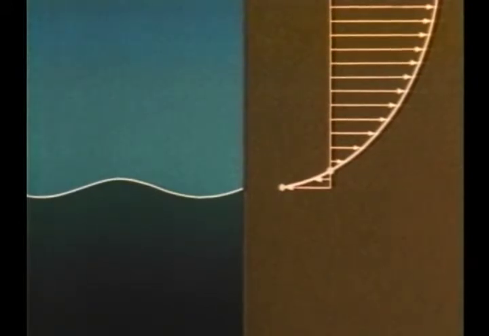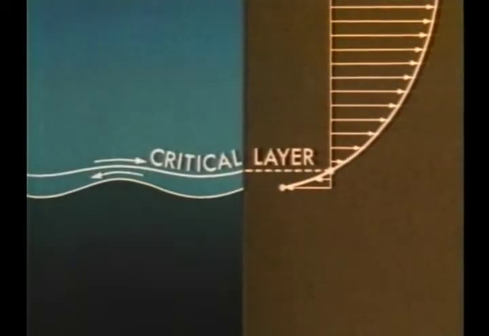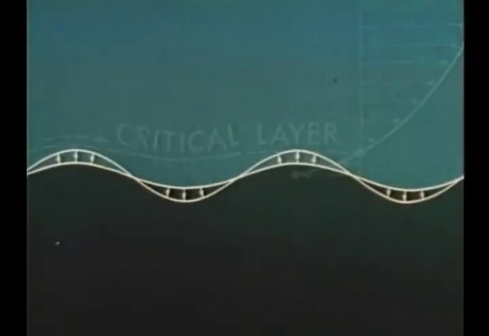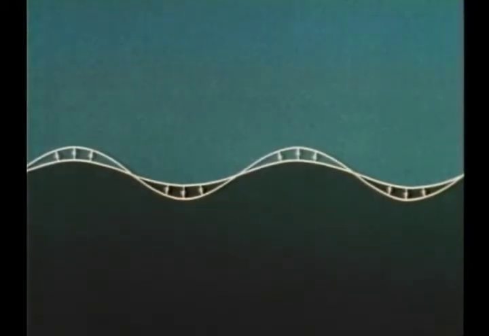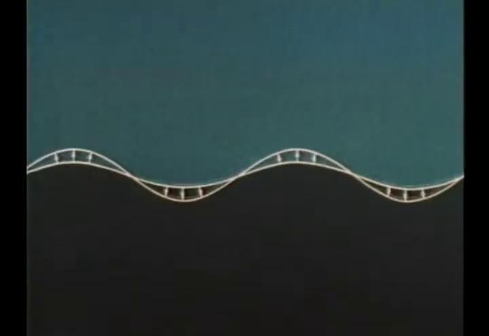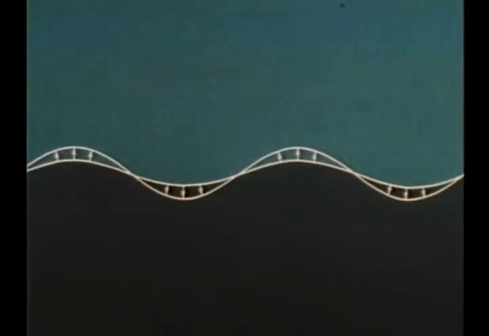The action of viscous and turbulent stresses across the critical layer will result in a change in the pressure distribution on the waves from that given by potential flow. The net result is to shift the pressure distribution to the right. And we see now how the pressures can do work on the waves, push them along, so to say.